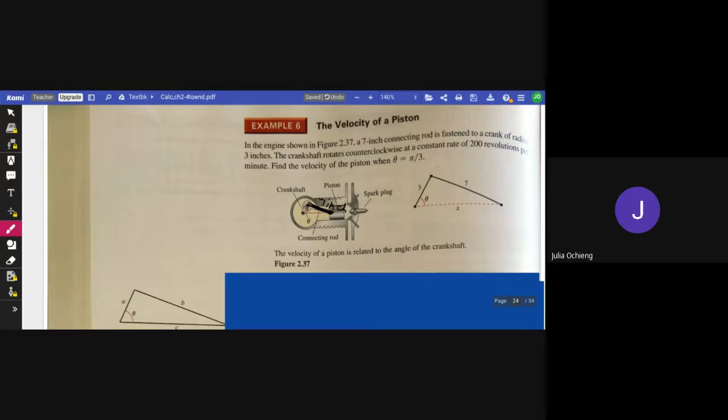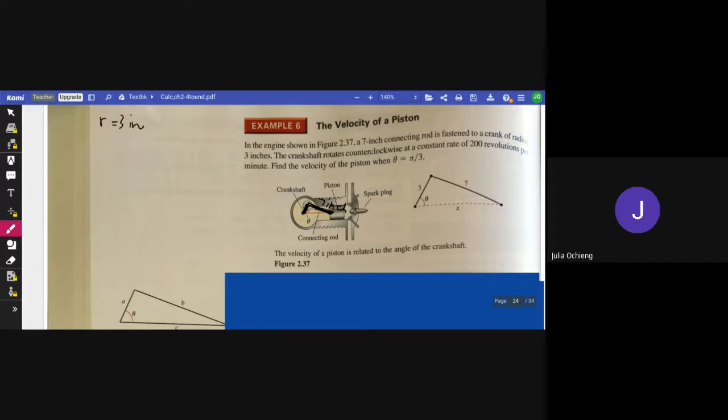This is the radius of 3. So this is going around and around counterclockwise, so that's the opposite direction. So it's going around and around and around this way. And so the radius of this circle is 3 inches. So radius equals 3 inches.